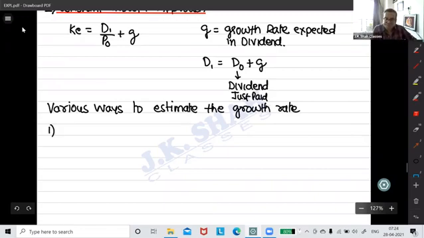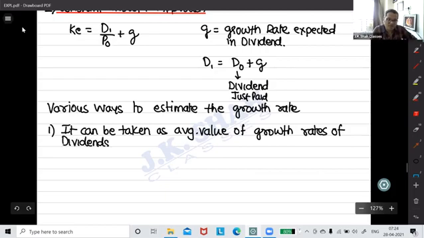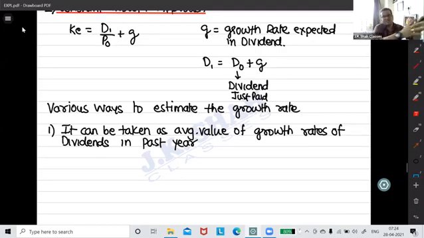First, it can be taken as the average value of growth rates of dividends in past years. So you go through what is the growth rate in dividend in past years, like 4%, 5%, 6%, and then take the average value of it.